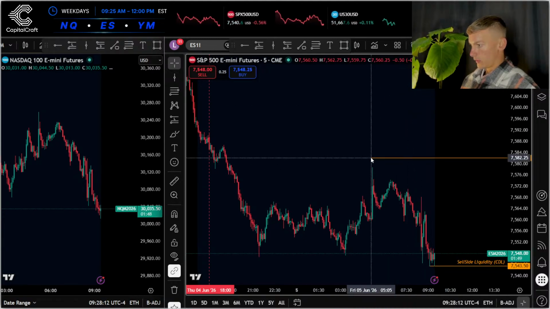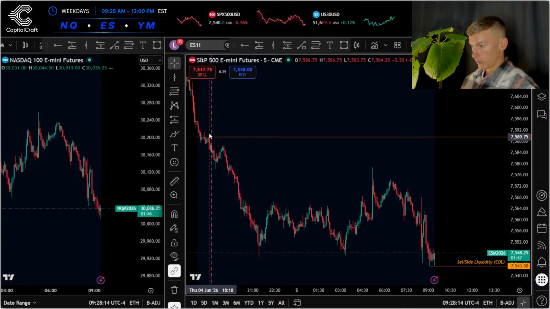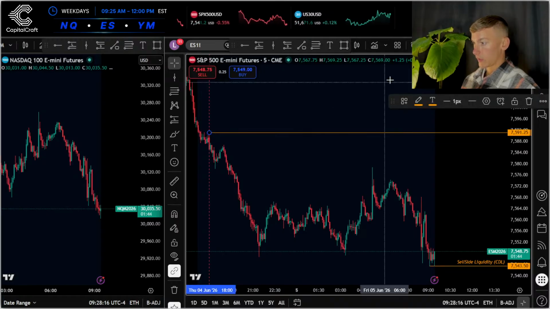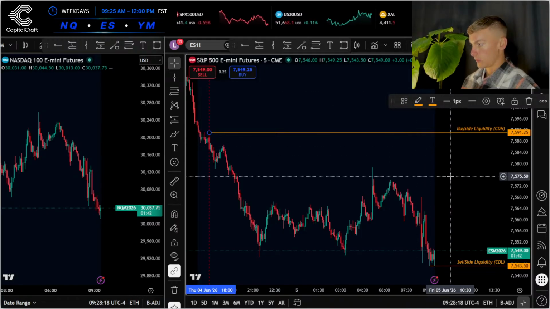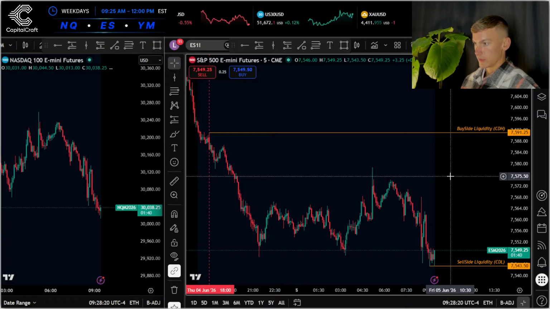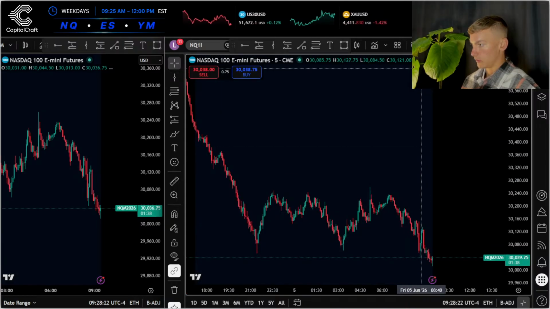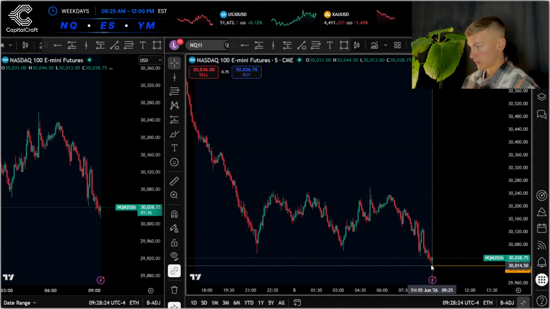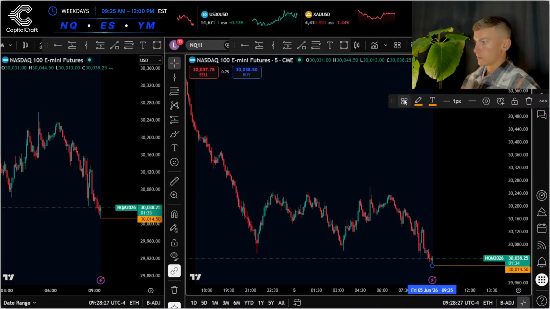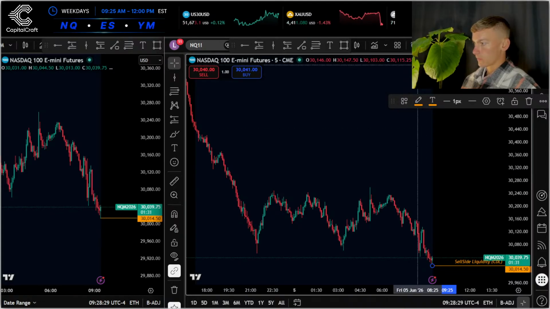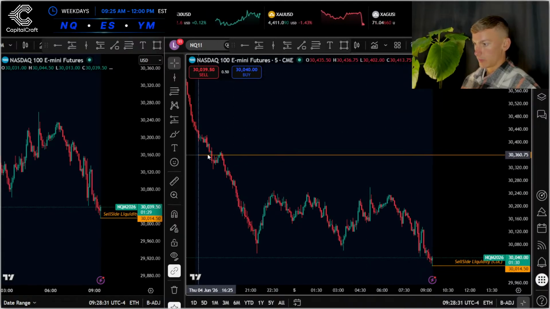So we've got new day open, we have current day high. This is for the S&P. We'll go ahead and do the exact same thing on the Nasdaq. Got current day low in place.